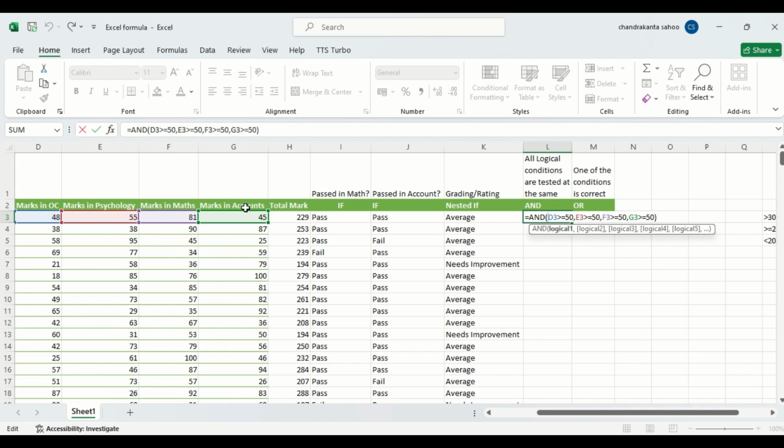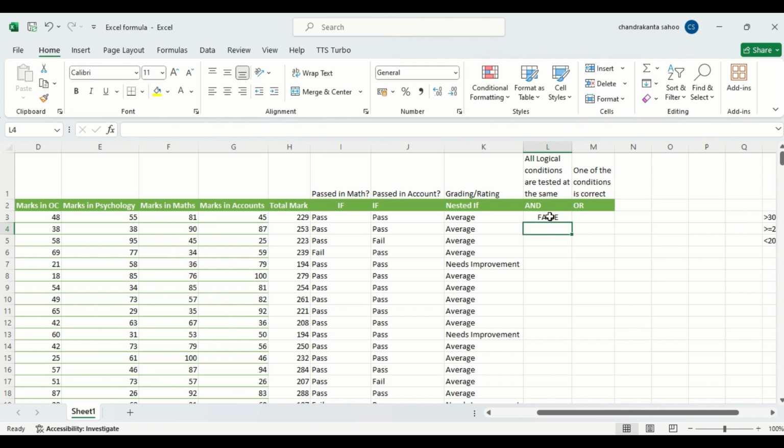Then if G3 is greater than 50, and if all these four cells, all four values, have to be greater than 50, then the condition will be found to be true. But this is not happening in this case. Therefore, it is found to be false.